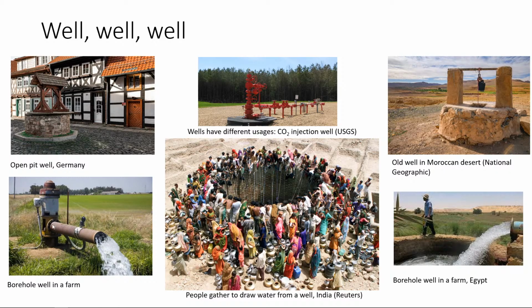I don't remember where I got this image from. But you see, it looks very similar to a borehole well in a farm in Egypt. You can see the desert, and in the middle of the desert, you see this green area. How is it possible to have this green area in the middle of the desert? Well, thanks to groundwater. But now you see the similarity. Both of them are borehole wells. You have a borehole, and then you have a well.